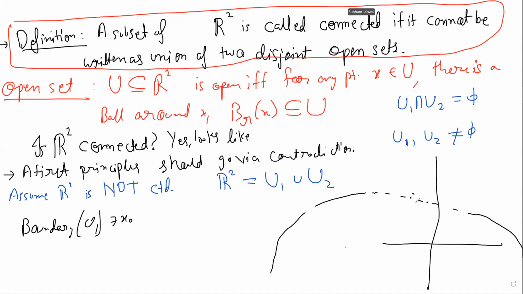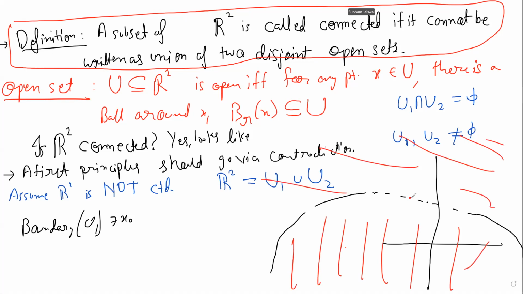But then we want to show that this point, which is on the boundary of U1, so let's say this whole thing is U1 and this other thing is U2, is not in U2 also. But how do we show that? First of all, why do we think that it is not in U2? Because it looks like that, right? But we can't do this because we don't know what the definition of boundary is.